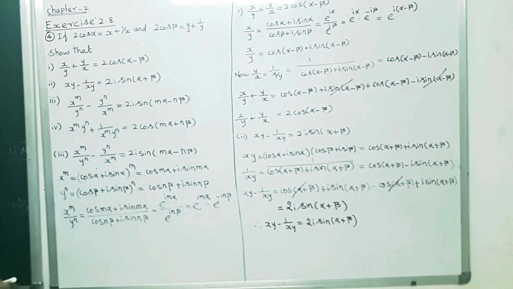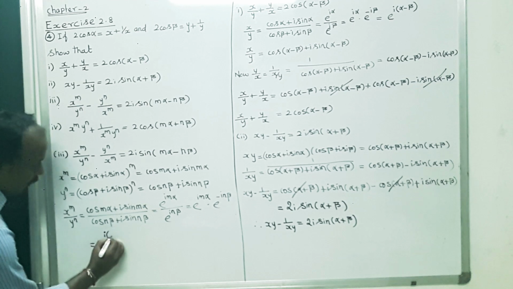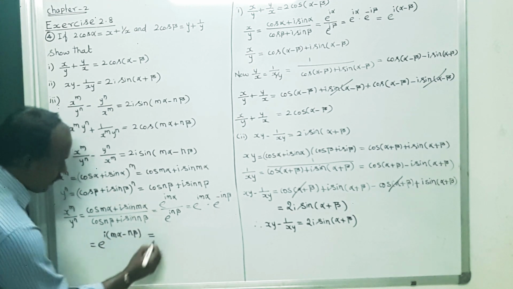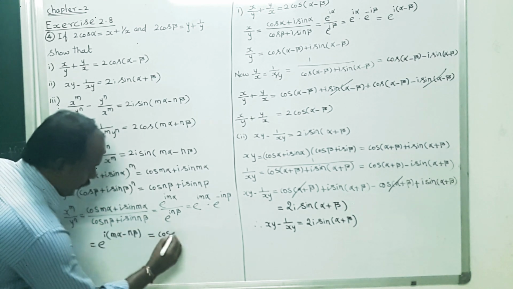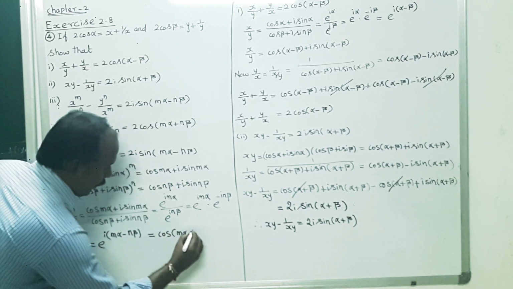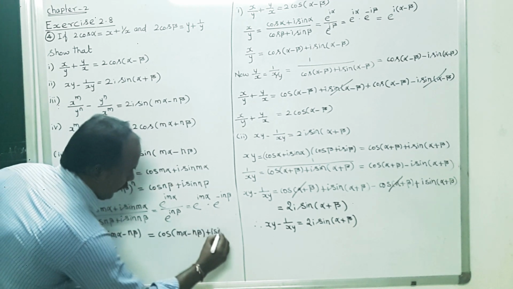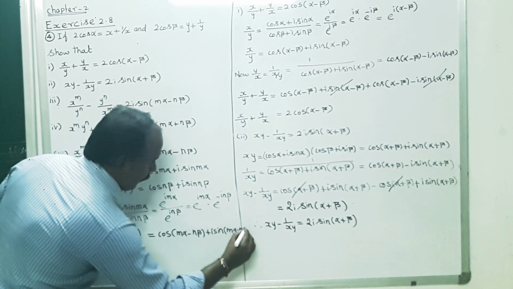So this one, base should be same, power is added: e power i into m alpha minus n beta. So that is equal to cos of m alpha minus n beta plus i sin of m alpha minus n beta.